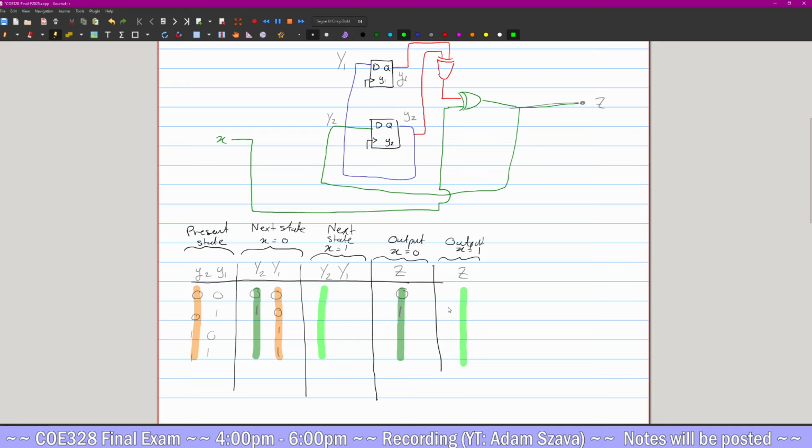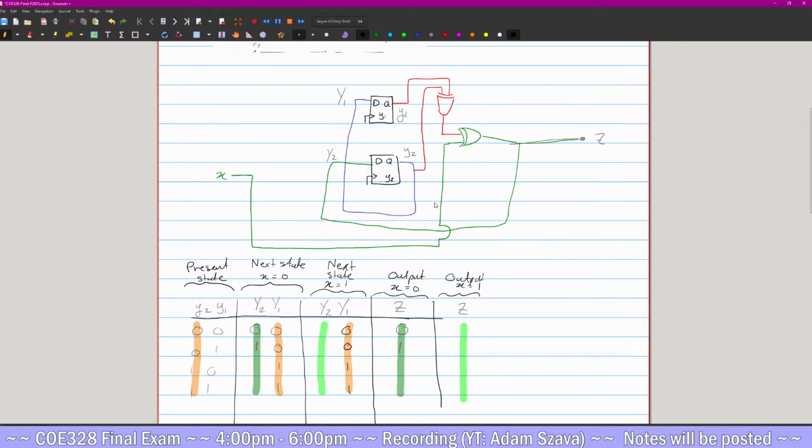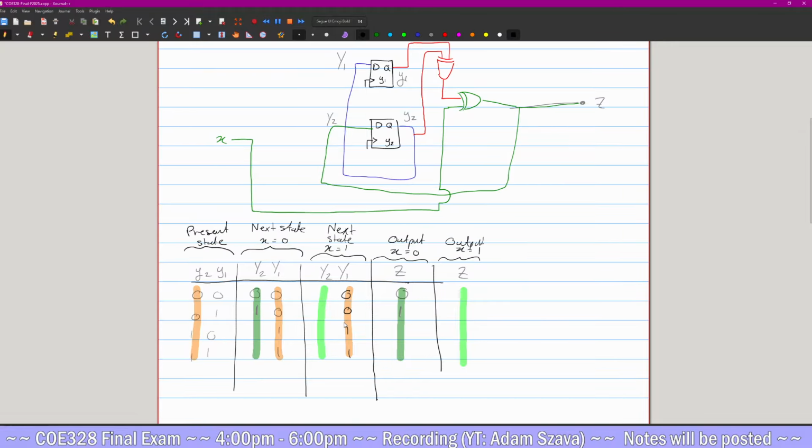And when x is 1, this other one doesn't affect it, so this other column we already know. It must just be 0, 0, 1, 1, because this is just a wire connected like that for capital Y1. So we're just slowly filling it in. We don't have too much more, to be honest.